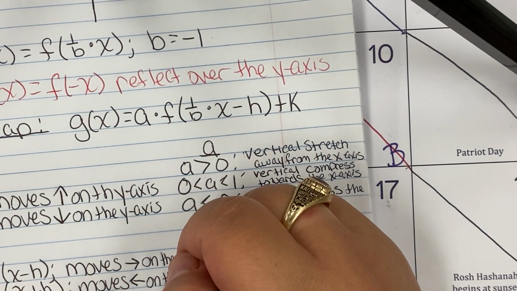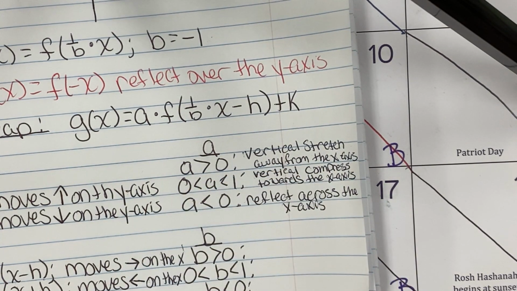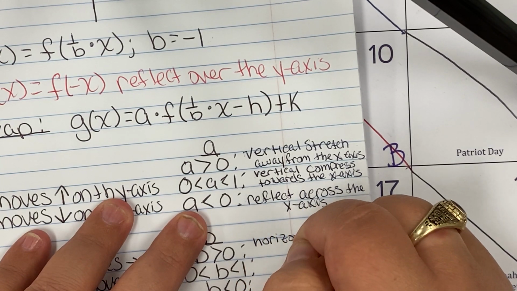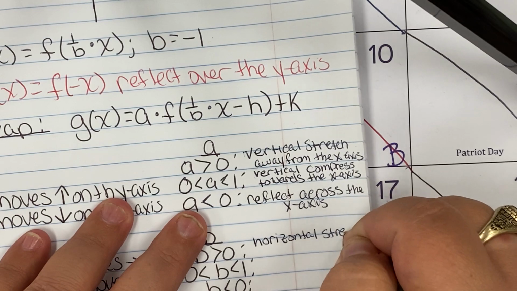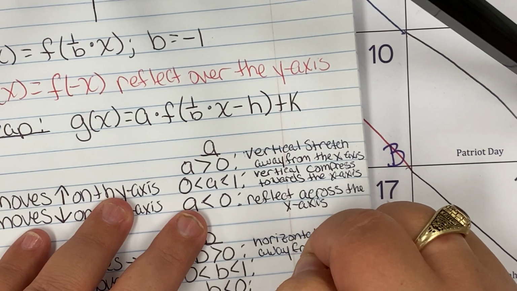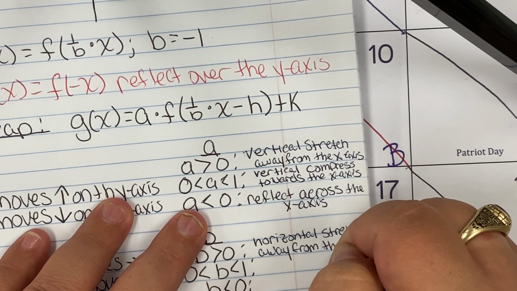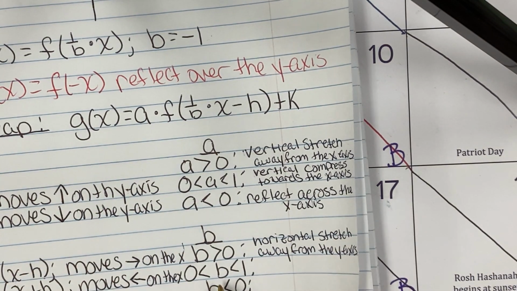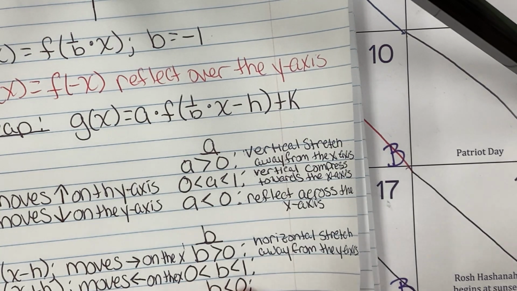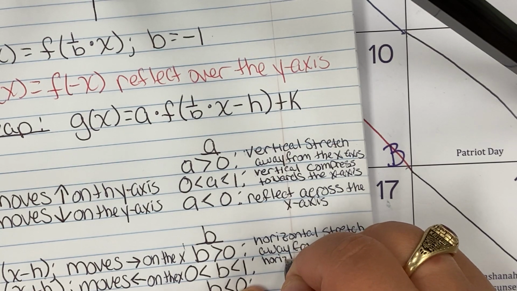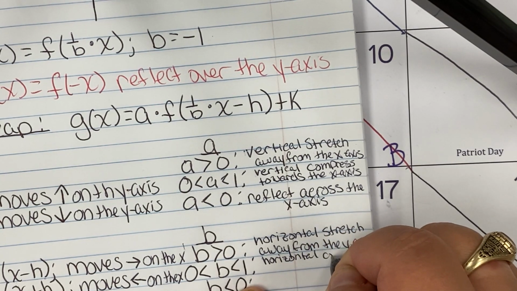Okay, and finally, with b, if b is greater than 0, it's going to be a horizontal stretch, so away from the y-axis. If b is between 0 and 1, it's going to be a horizontal compress.